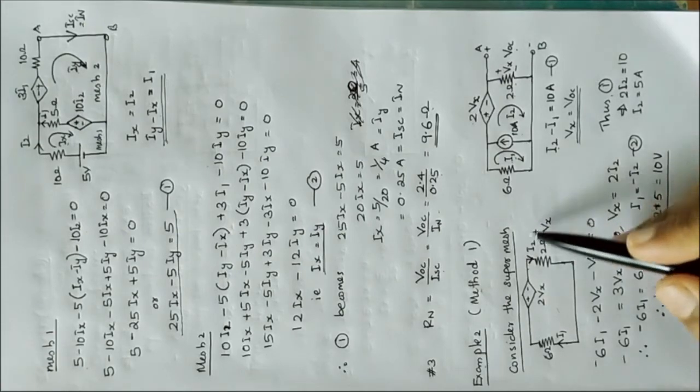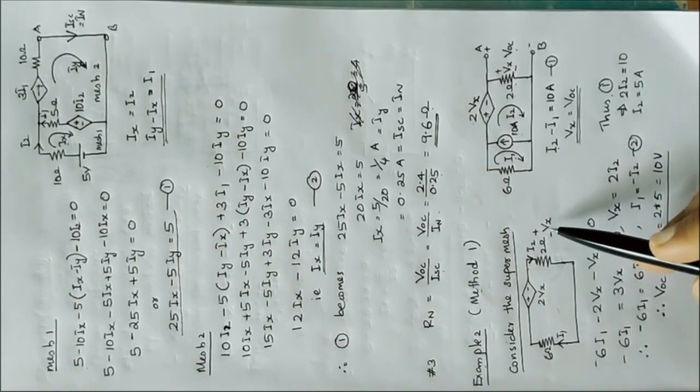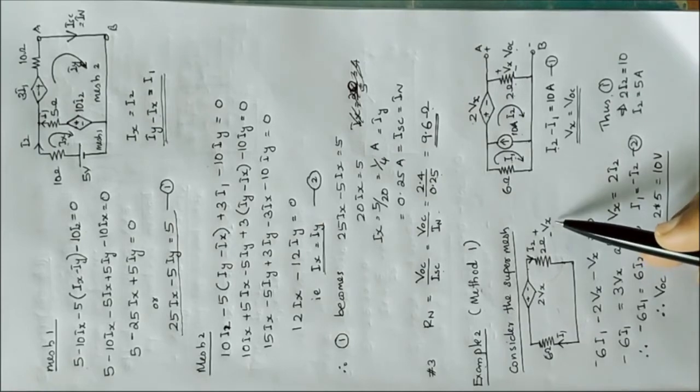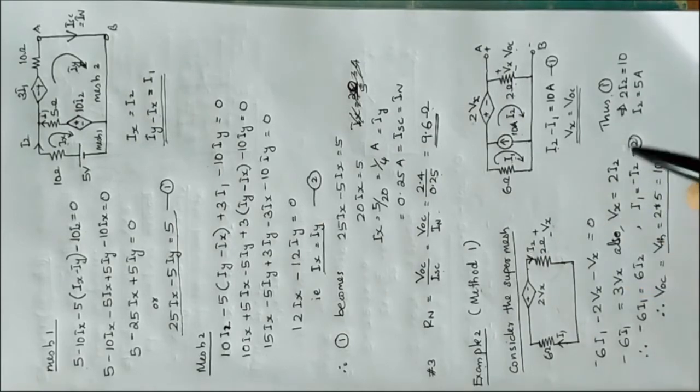And from this circuit it is clear that Vx is equal to I2 into 2, that is 2 I2. Substituting, we obtain minus 6 I1 is equal to 6 I2, or in other words, I1 is equal to minus I2, or I2 is equal to minus I1.